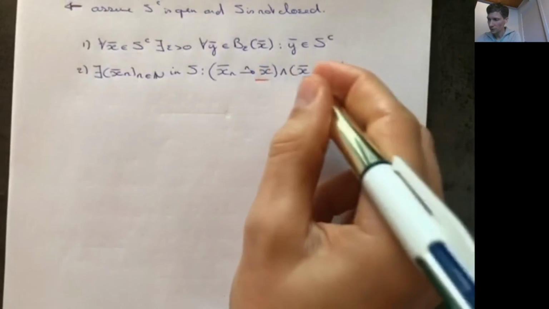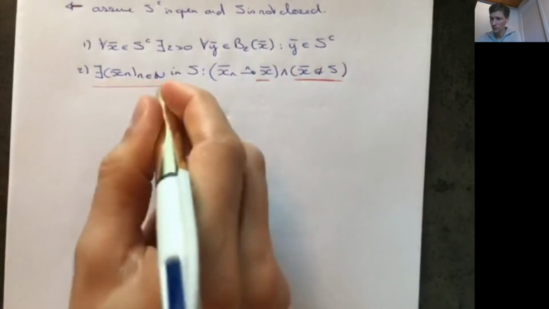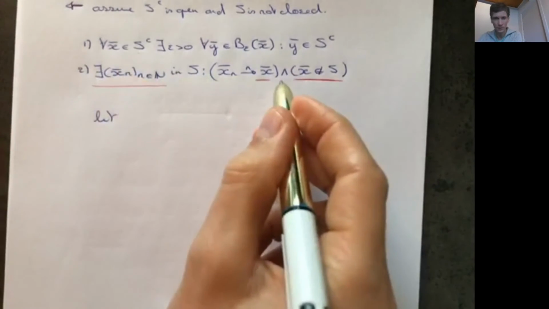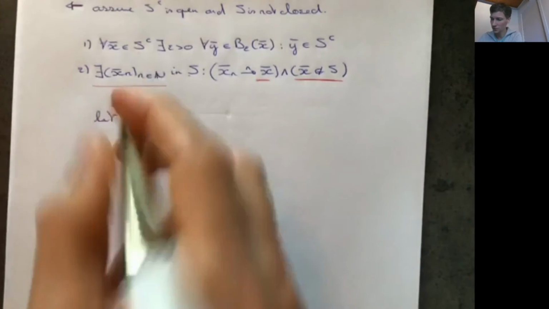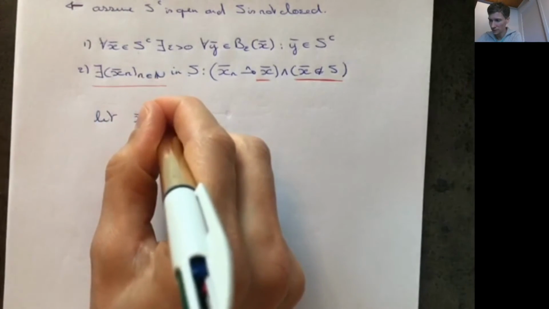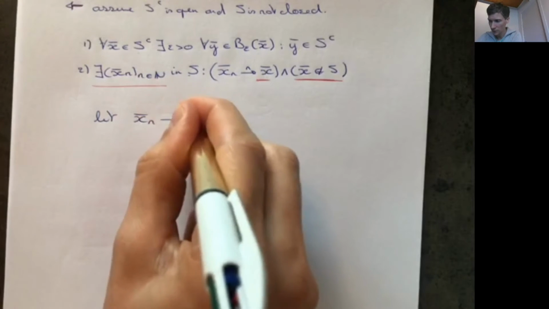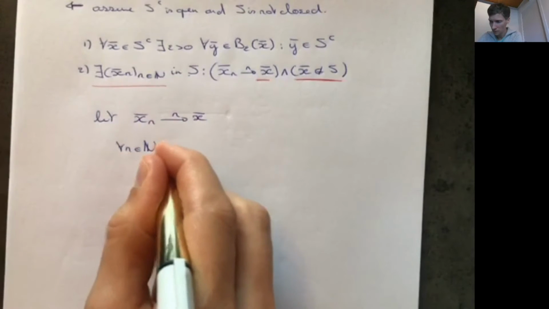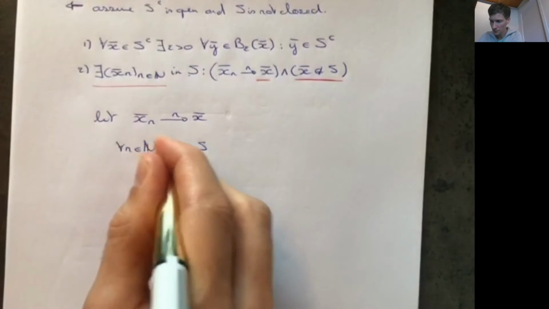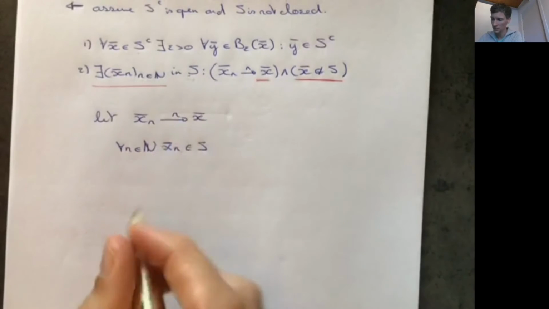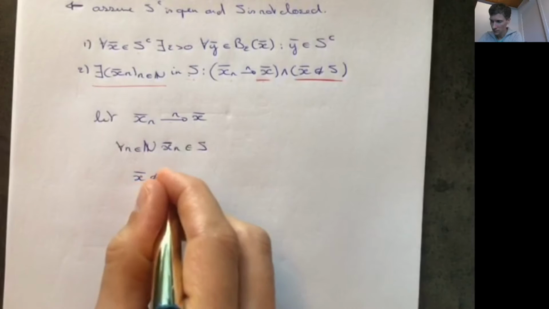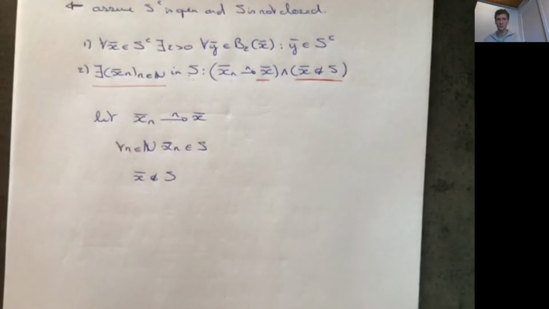So let's take this x here. Let's take the sequence that satisfies this definition, right? So we have a sequence xn going to x, and we know that for all n, xn is in S. There's a sequence in S, it converges to x, and we know that x is not in S. This is from 2.